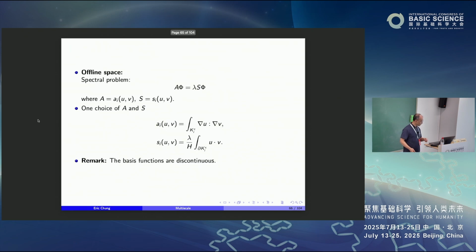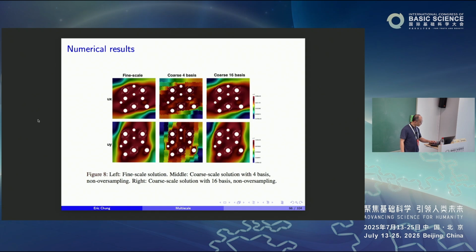And then next, once we have the library, we need a suitable spectral problem to perform dimensional reduction. And this is how we define the spectral problem. Now, we show some examples. On the left-hand side, what you see is the two components of the velocity.